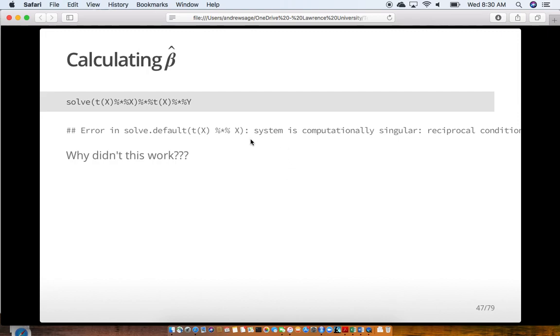It says that x transpose x is computationally singular. That means it doesn't have an inverse. Remember that the rank of x transpose x is always the same as the rank of x, so this means that x doesn't have an inverse either, or x isn't full rank.